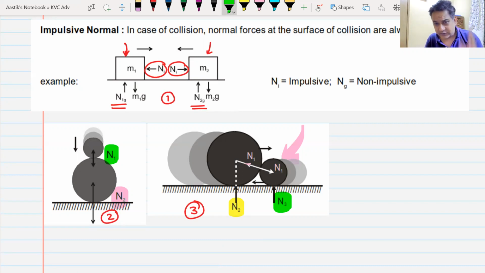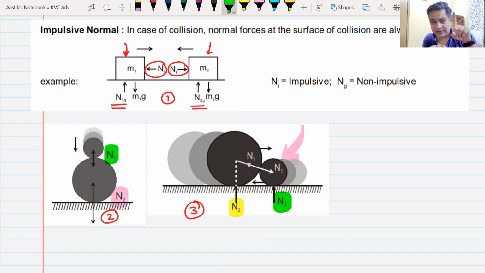Remember, impulsive forces will change the momentum or will stop the momentum from getting changed. Non-impulsive forces will not do anything of this nature. Look at the diagram and tell me which force you think is impulsive in this case.